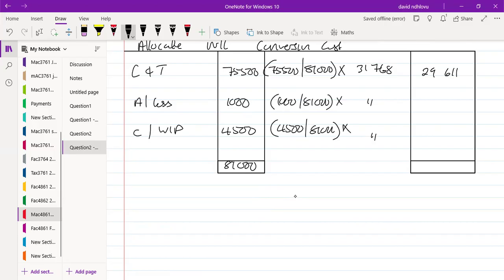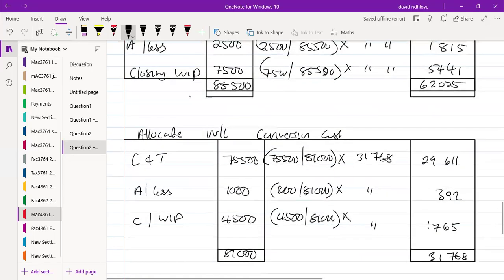Then 1,000 divided by 81,000 times 31,768, and that will give me 392. Remember, all in all, I want a cost of 31,768, so I'll just calculate a balancing figure. 31,768 minus 392 minus 29,611, I will be left with 1,765. Once you have this, then you can go and complete your cost allocation statement.